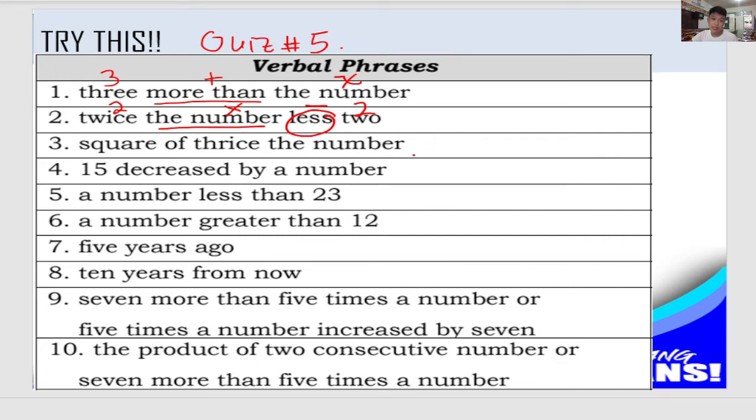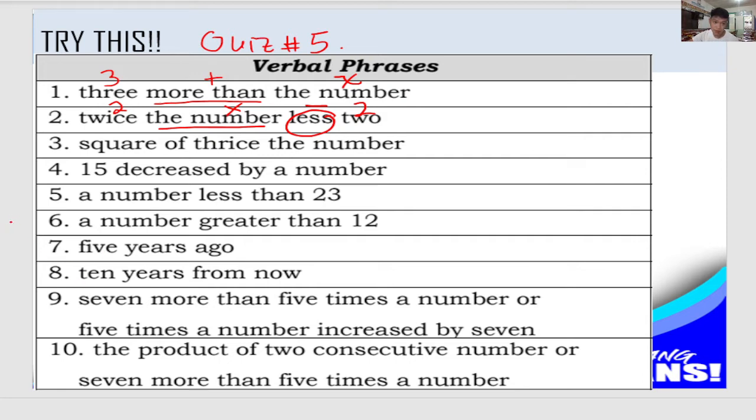A number less than 3. A number, this one, is x less than 23. So, x minus 23. Next, a number greater than 12. The word used here is greater than, and we are going to write it backwards.